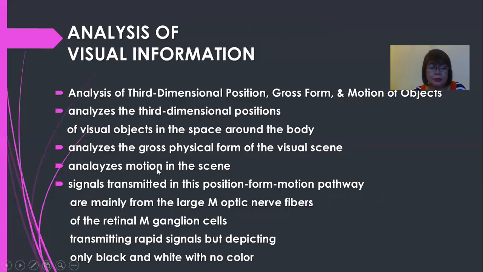It analyzes motion in the scene. The signals transmitted in this position form the motion pathway. They are mainly from the large M optic nerve fibers of the retinal M ganglion cells, transmitting rapid signals but depicting only black and white with no color.